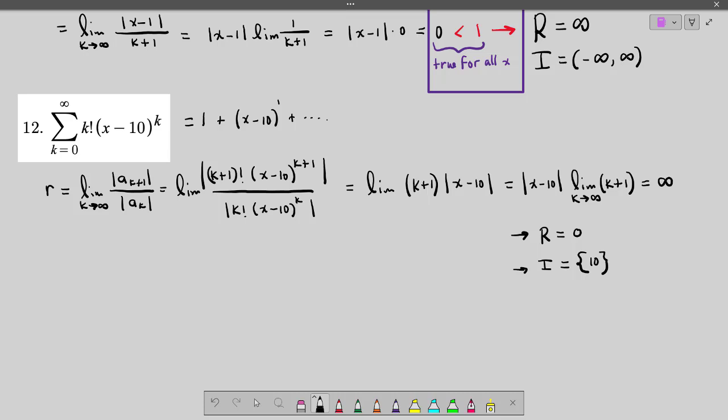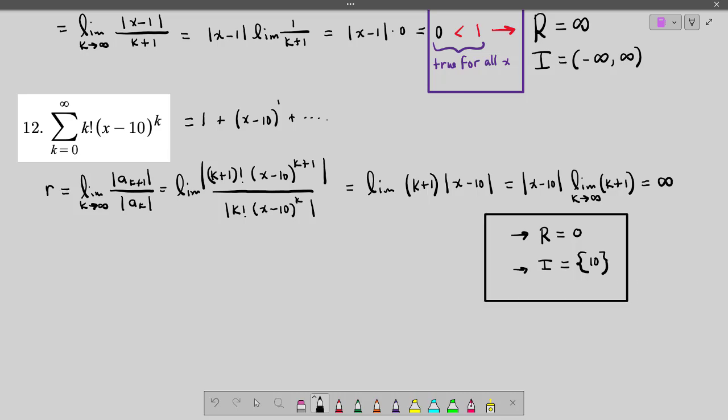Every power series converges at its center because the tail becomes 0 when you plug in the center for the x. So that's the most useless type of power series, when it only converges at its center. So the radius of convergence is 0.